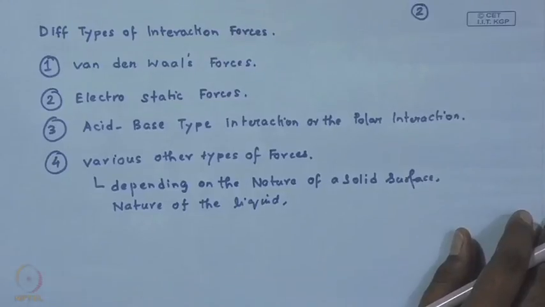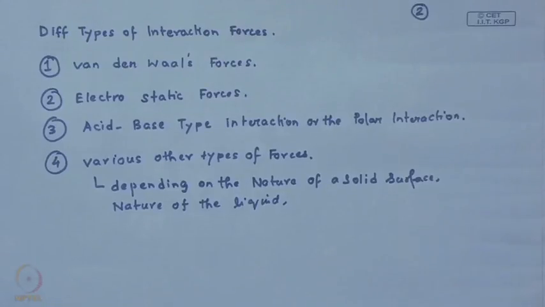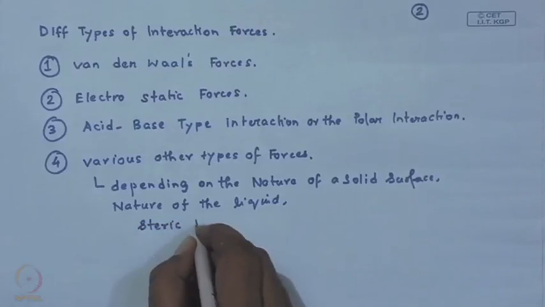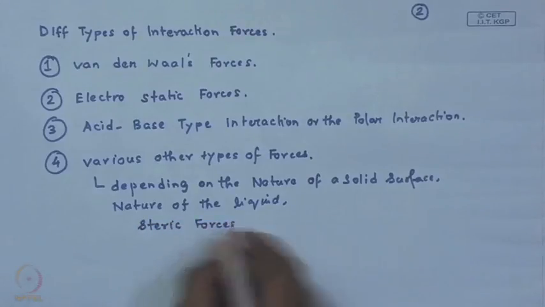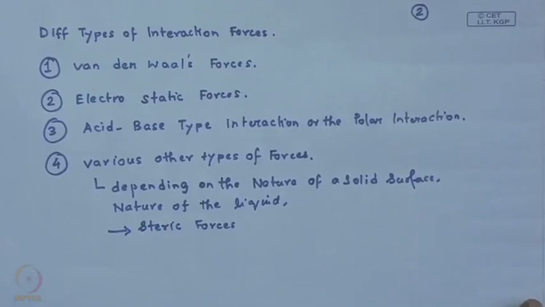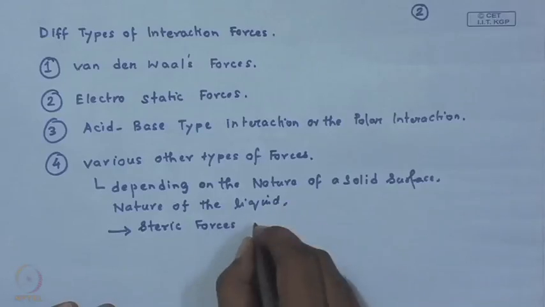So, these forces can be related to steric forces. Why specifically I point it out? Steric forces, as you can identify from the name, are due to direct interaction between neighboring molecules, or maybe even different parts of a molecule, and these are predominant in long chain molecules like polymers.